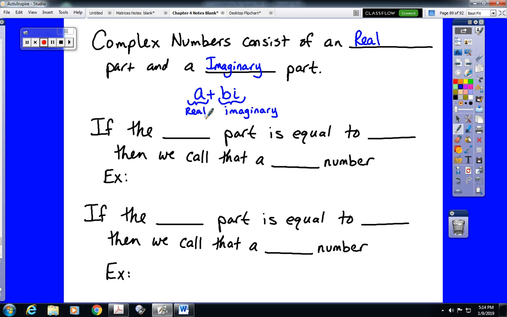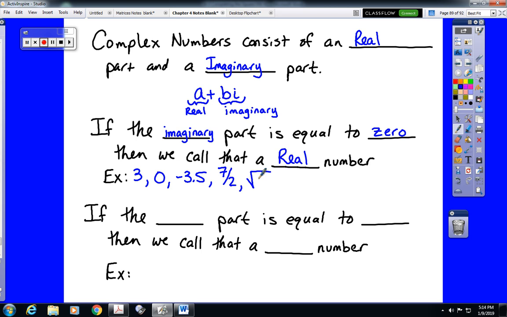Now, all along we have dealt with numbers where the imaginary part of that number is equal to 0. In that case, you have a real number. So that would be all of the numbers that you're used to dealing with.